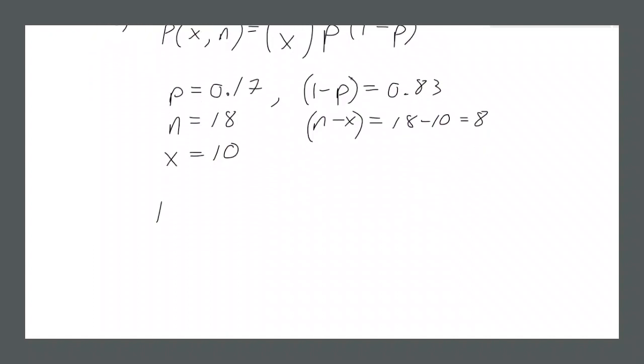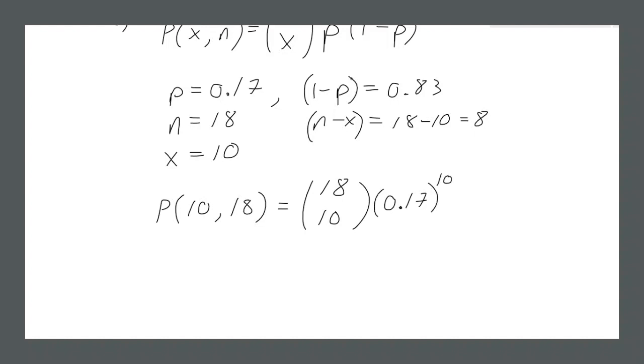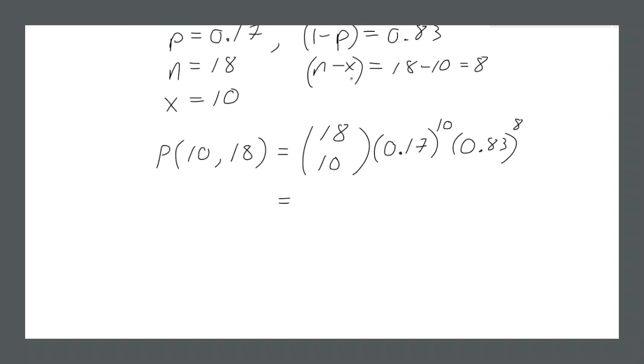So the probability of 10 successes given 18 trials, it's going to be 18 choose 10 times 0.17, that's the probability of success, to the power of the number of successes, times 0.83, that's the probability of failure, to the power of the number of failures, which is 8.